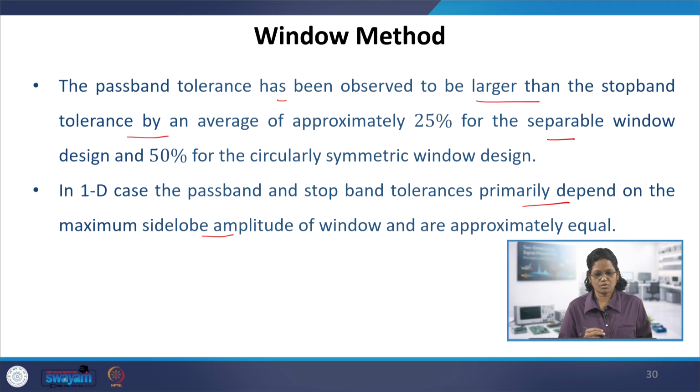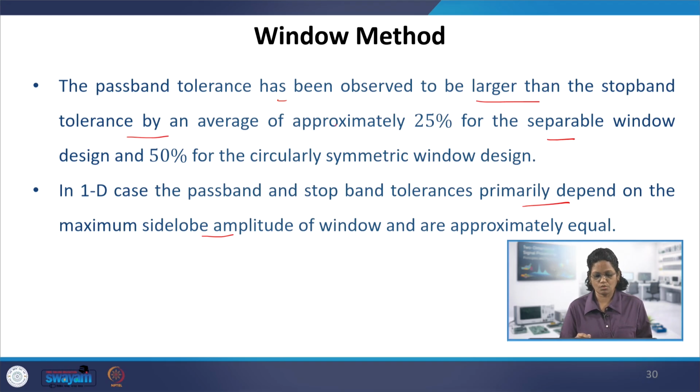So that we can observe, but still which design is to be preferred is based on the application, and we can use both the filters, separable as well as circularly symmetric. The passband tolerance is larger compared to that, and the stop band tolerance in the case of 25%. So here this would be more or less equal. It depends on the window shape.